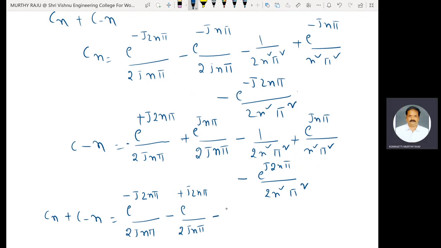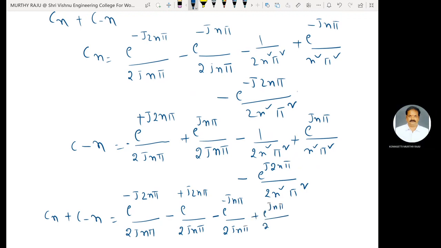Here minus e^(-jnπ) by 2jnπ. Here minus 1 by 2n²π² minus 1 by 2n²π², that is 1 by 2 is common, 1 by 2 plus 1 by 2 is 1, that is 1 by n²π².